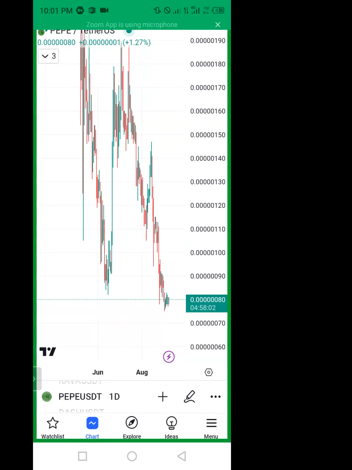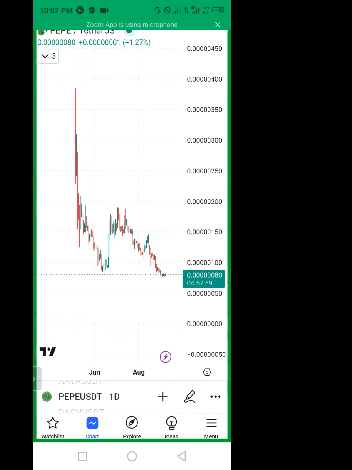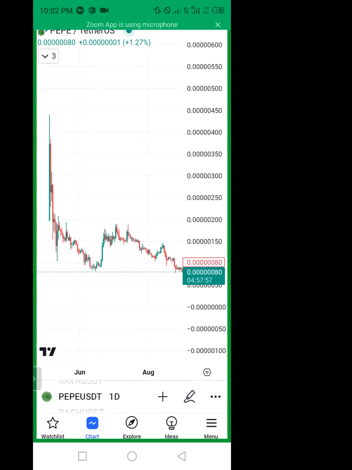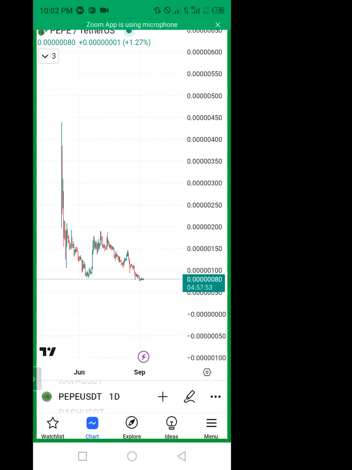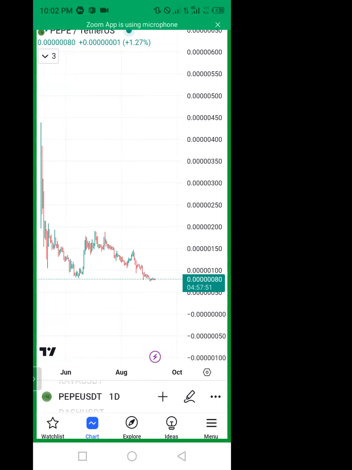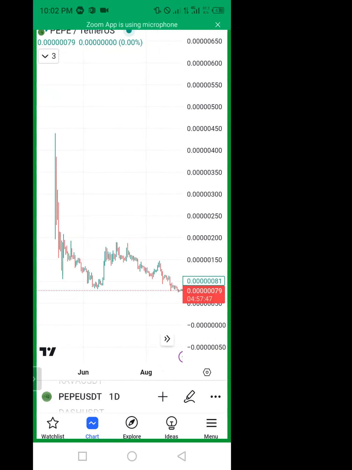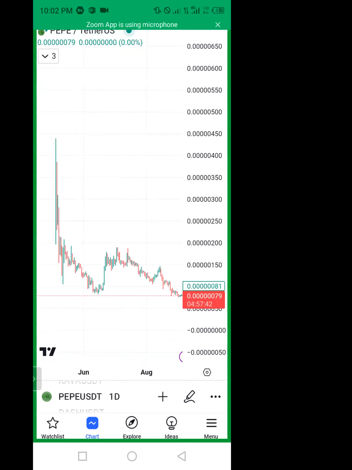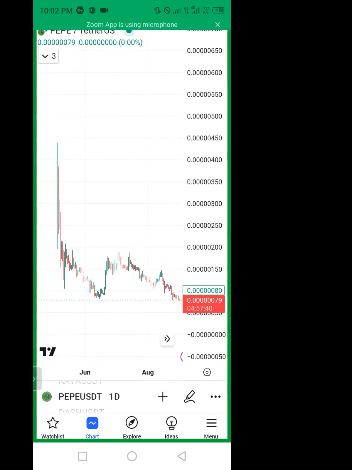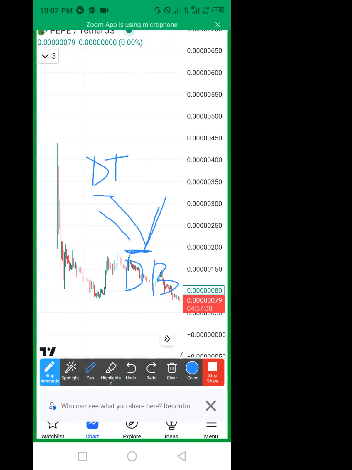Those ones who are trading Pepe, remember, it is relatively a new token. It has retraced 100%. It moved from this way where it went so high, and it has come down to even here. So which means it has retraced 100%.